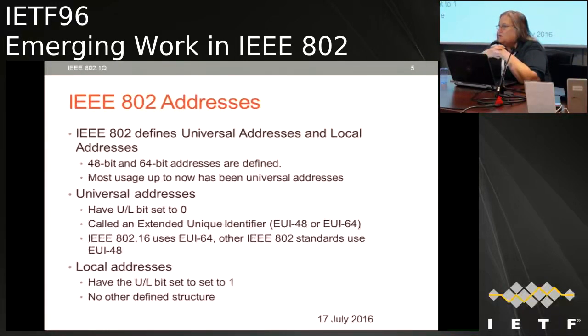IEEE 802 defines universal addresses and local addresses. Universal addresses are supposed to be globally unique. Both types of addresses are 48 bits or 64 bits; we have both kinds defined.